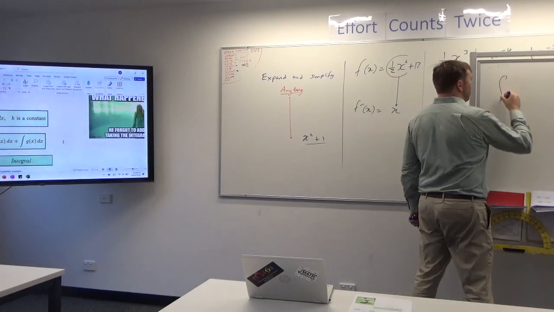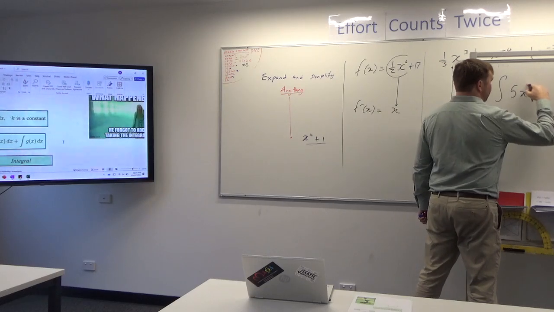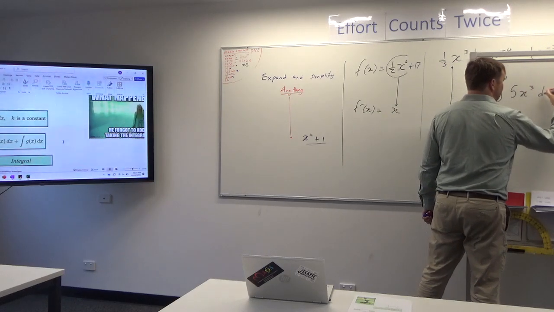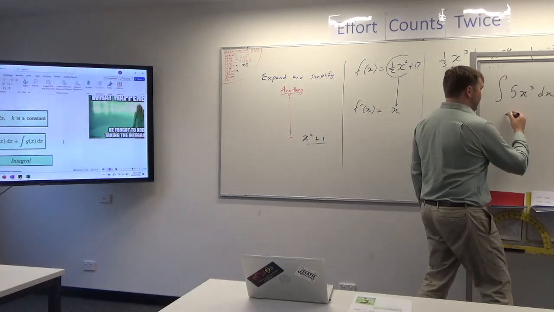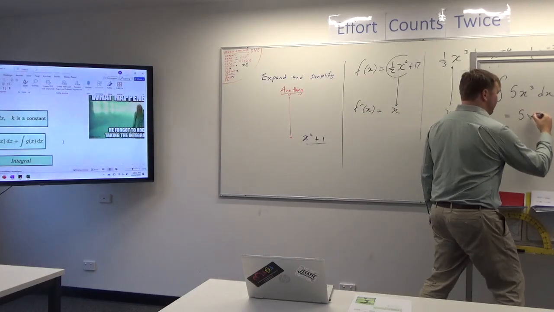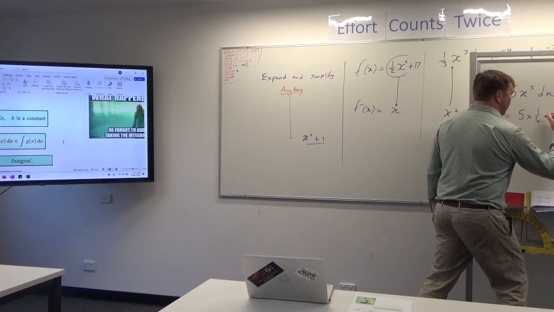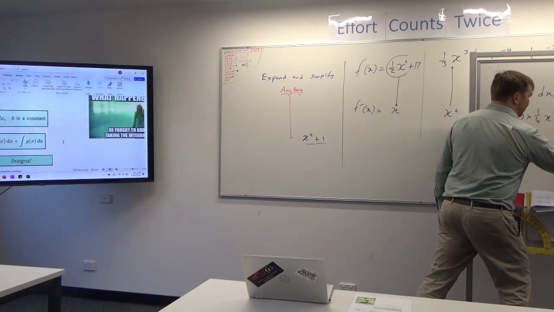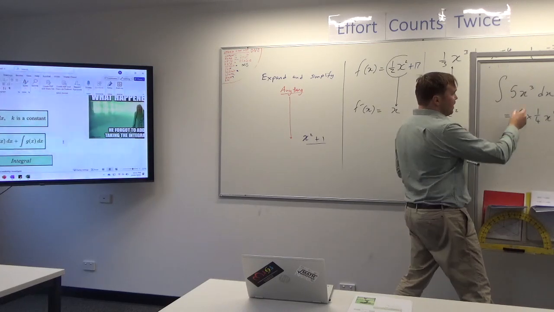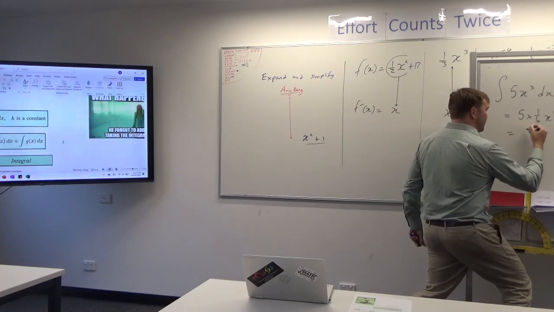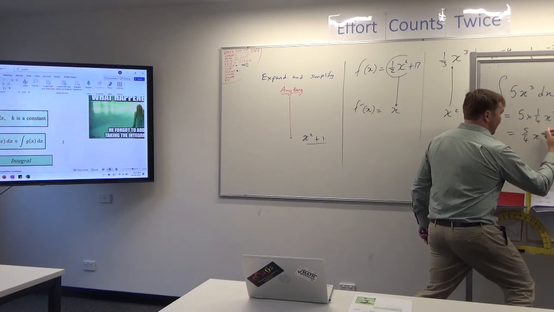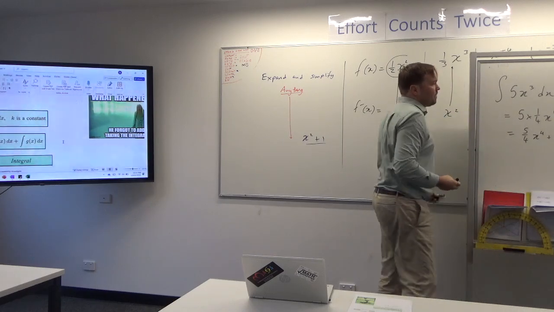If you're looking to integrate 5x to the power of 3 dx, that is going to be 5 times 1 on 4 x to the power of 4 plus c. So that x to the power of 3 has come from 1/4 x to the 4, which is 5 on 4 x to the 4 plus c.